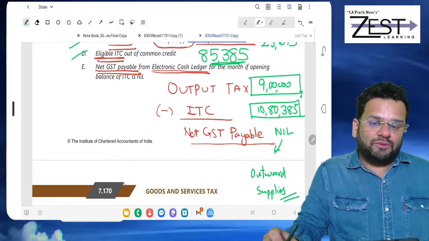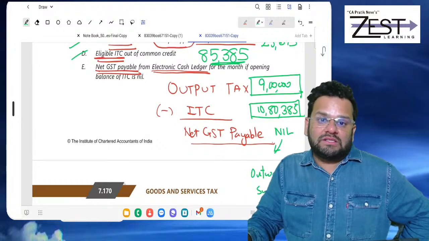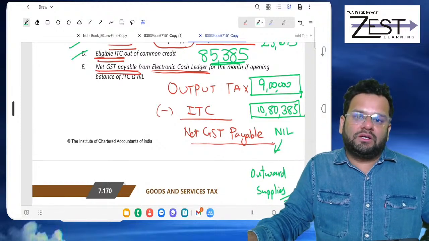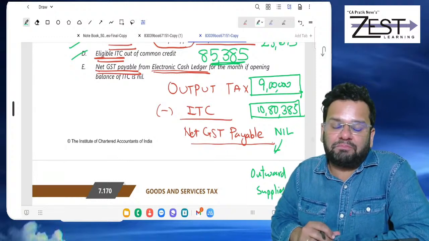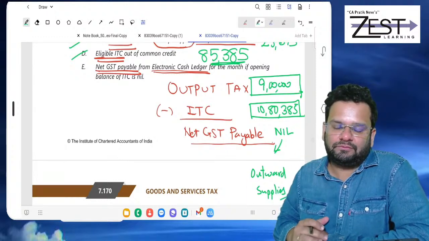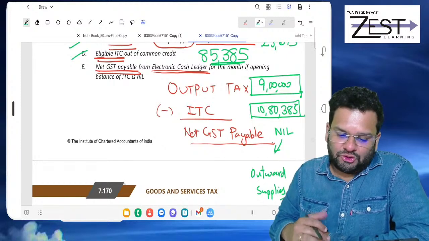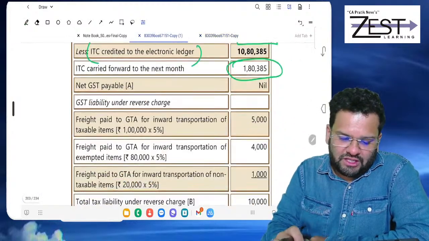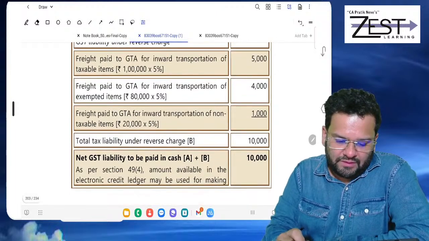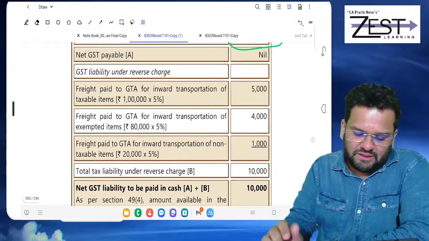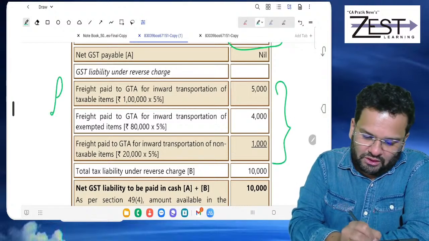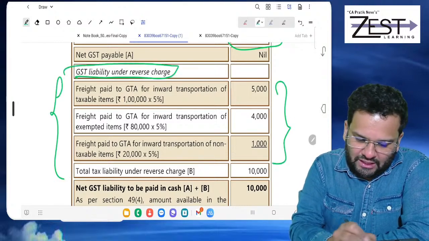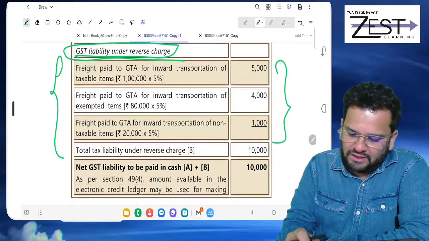But one thing you have to remember, friends. Whatever GST is payable on reverse charge basis has to be compulsorily paid in cash. Is the point clear to you? So there is GST payable on RCM, which is to be compulsorily paid in cash, that is with respect to GTA. So whatever GST liability is there on RCM, we have to pay in cash.